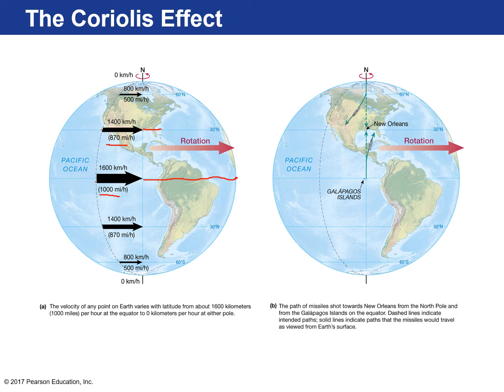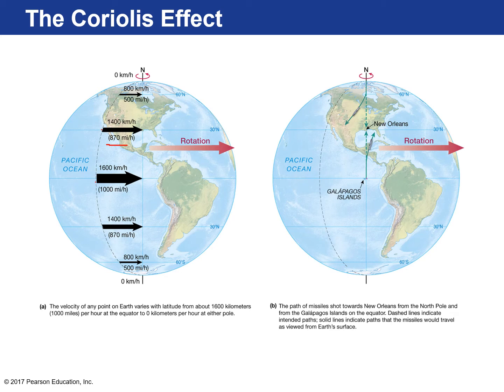Okay? And so, in the book, there's some sort of hypothetical war. People here in northern Canada and also people in the Galapagos are really angry at New Orleans, and so they're firing missiles towards New Orleans. Not sure why. But what happens here is the Galapagos Islands is near the equator, and they fire their missile, right?